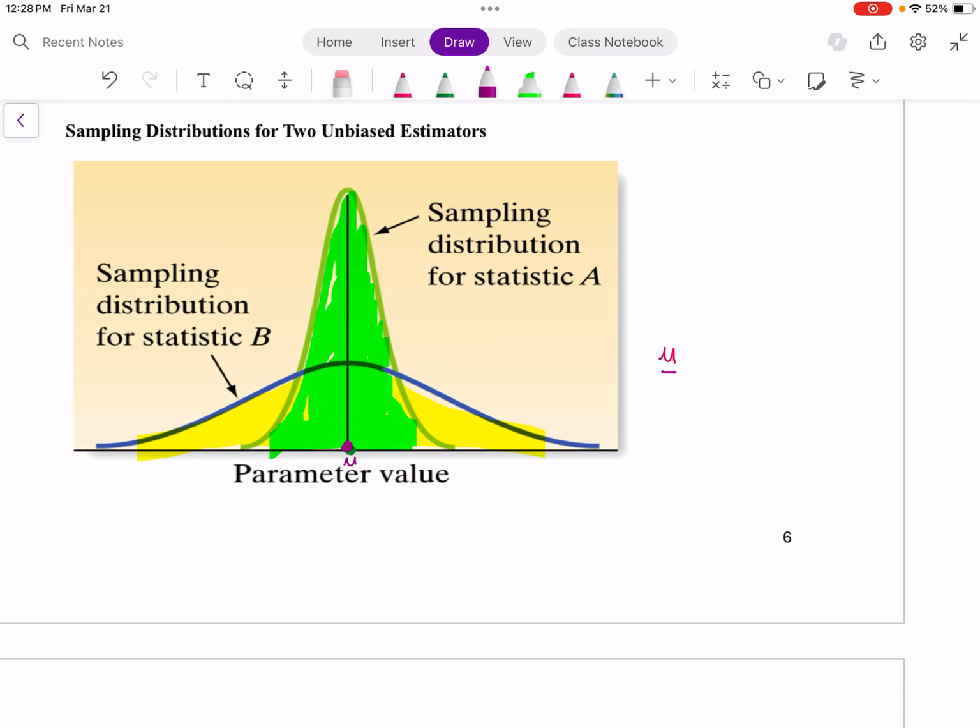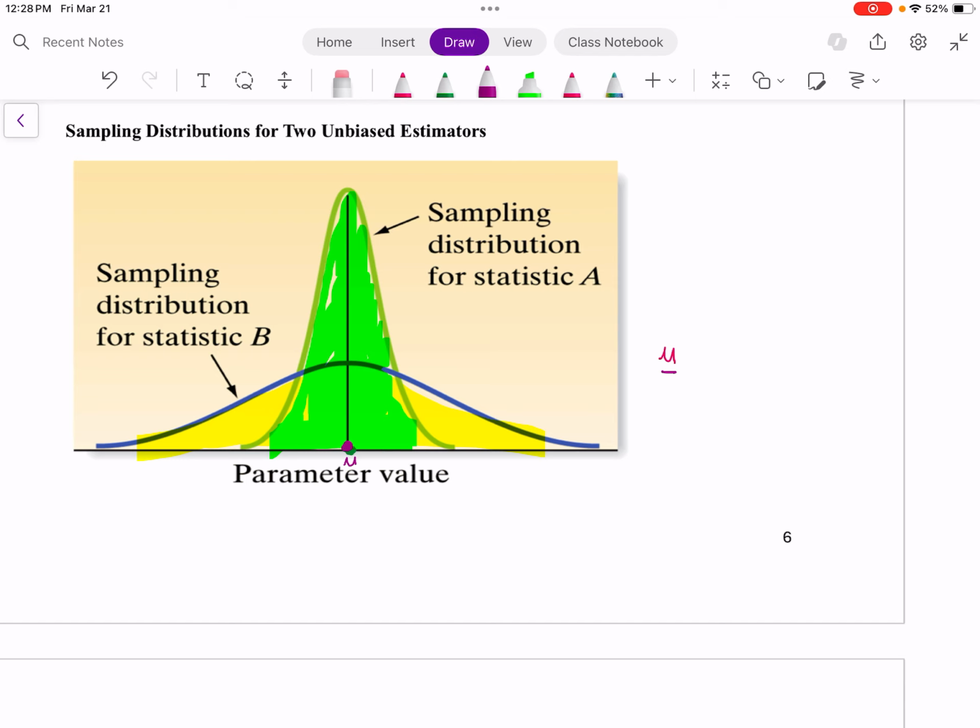So let's take two sampling distributions whose mean equals parameter mu. Now, out of these two, we need to find the best estimator. Which one is the best, the sampling distribution for statistic A or B?